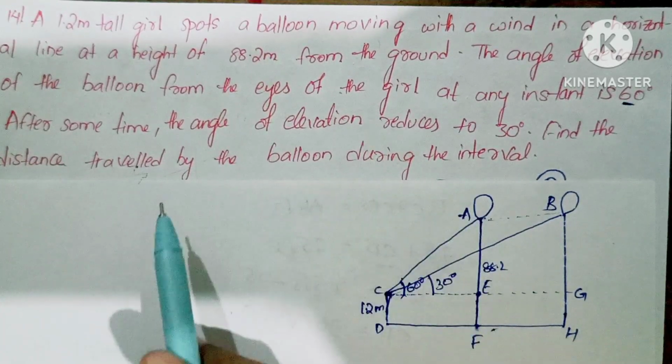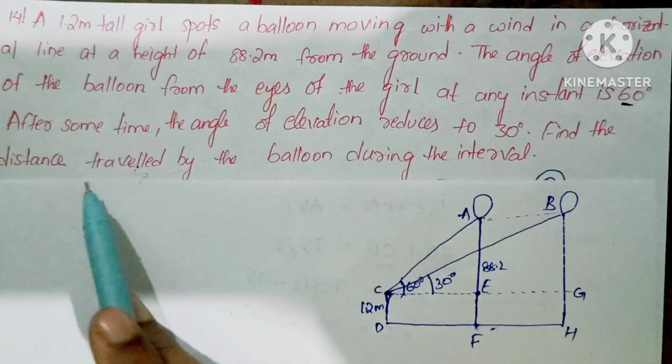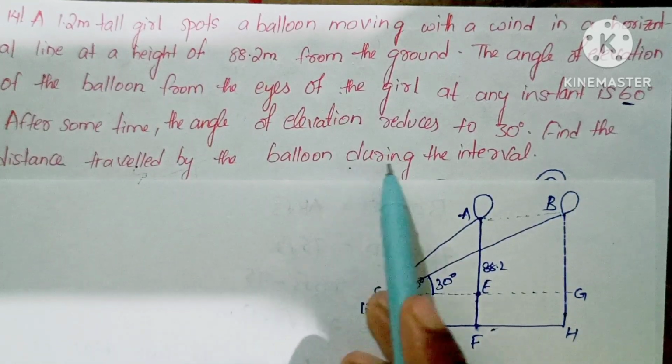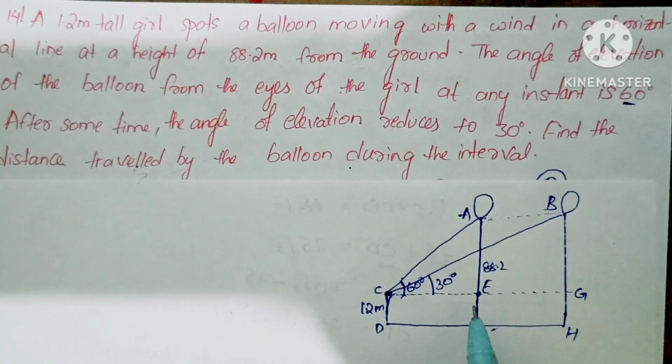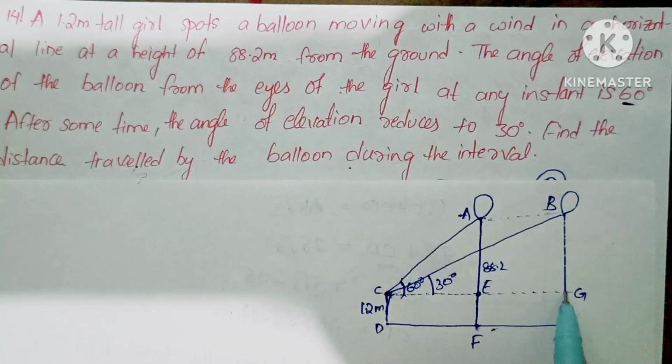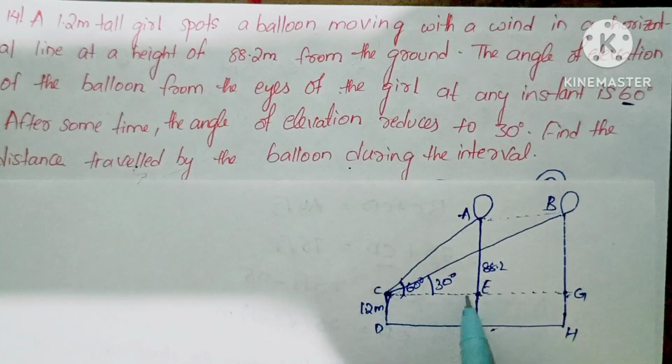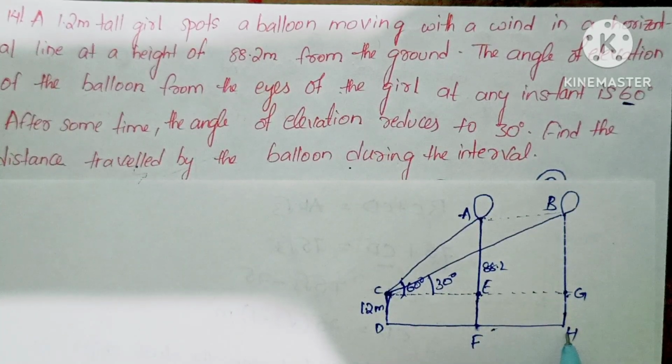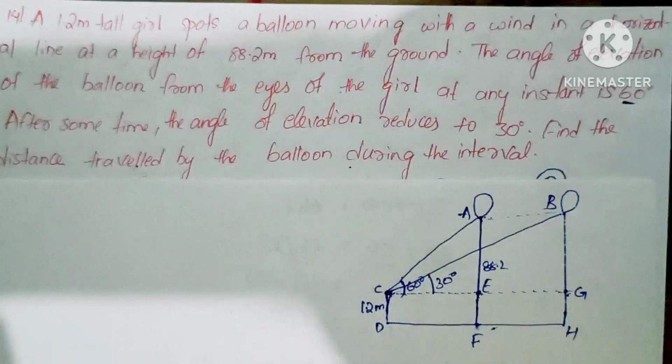Now, what was asked to find? Find the distance traveled by the balloon during the interval. So from here to here, how much distance the balloon traveled during the interval, that is what he is asking. That means it is easy. Let us first find CE. If you find CE, then you can subtract.